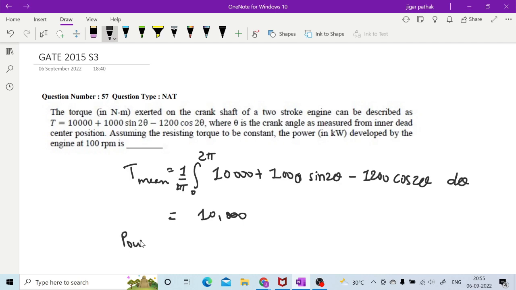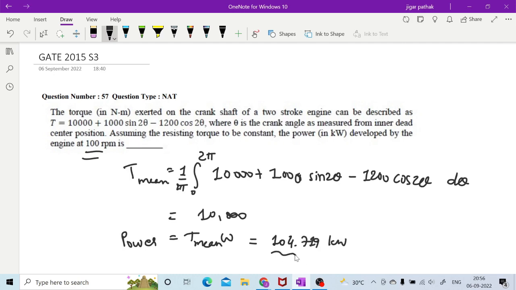Once you have the T mean, power is nothing but T into omega, that is 2 pi N by 60. Here N is given as 100 rpm. So it will come around 104.719 kilowatt.